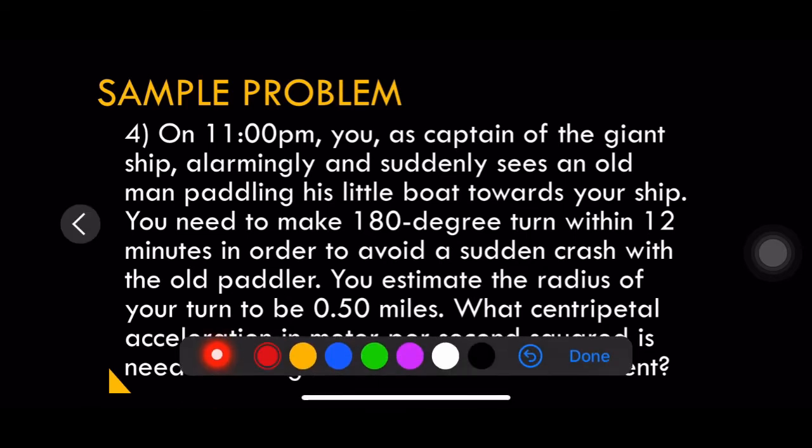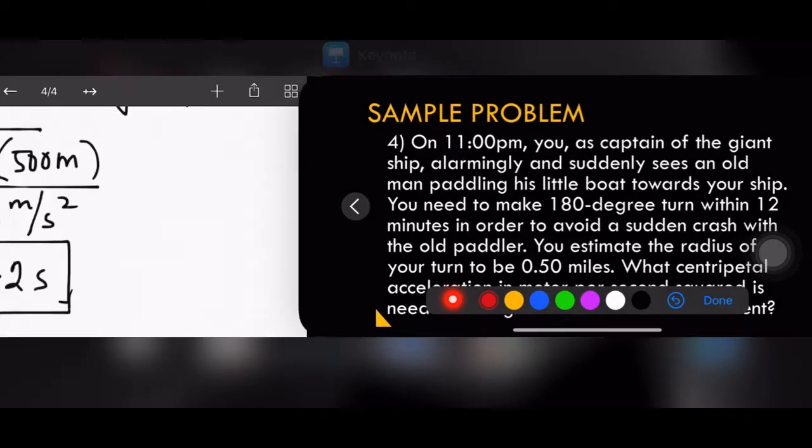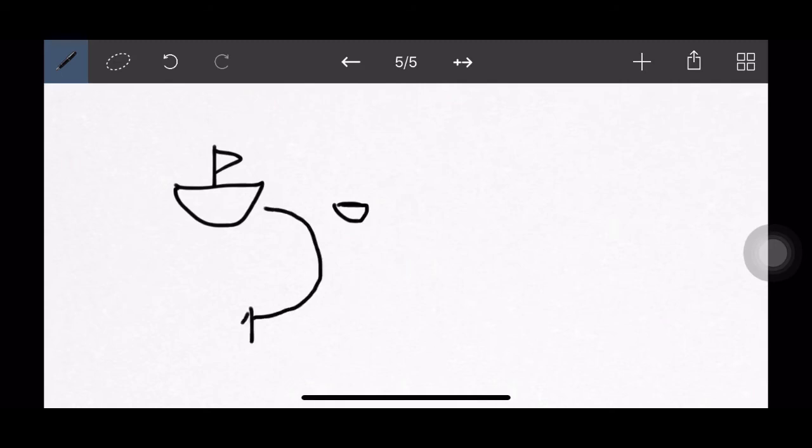Right, so let's try to visualize what's happening here in the problem. We have here a giant ship, and you're the captain of the ship. You see an old paddler, a little ship. So in order for you to not crash with the old paddler, you need to make a 180-degree turn from where you are within 12 minutes.